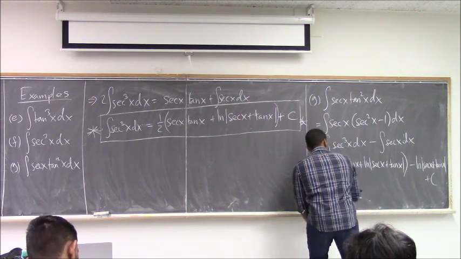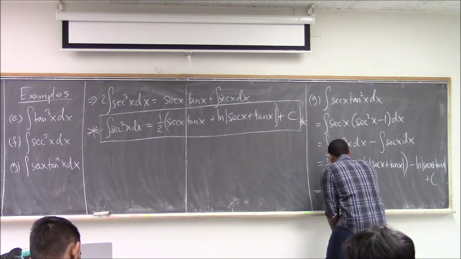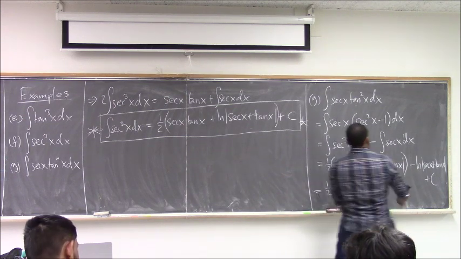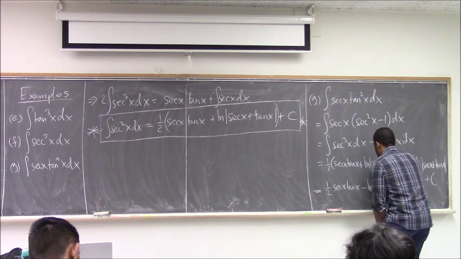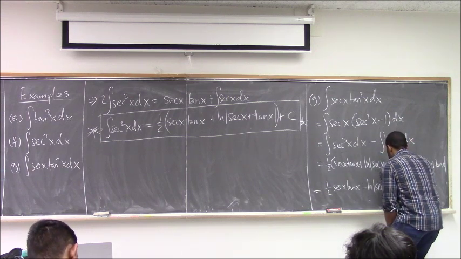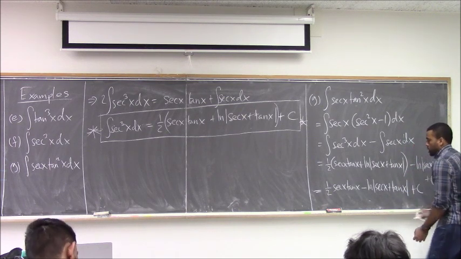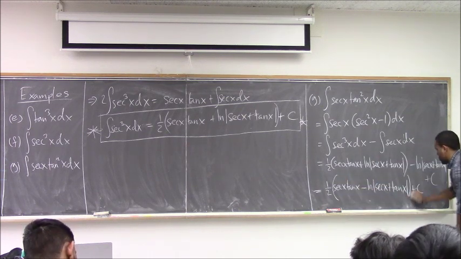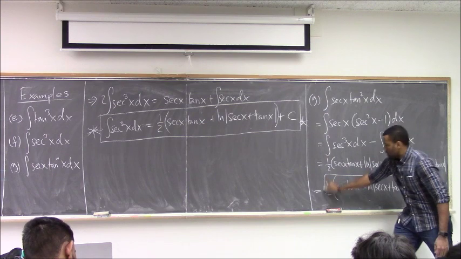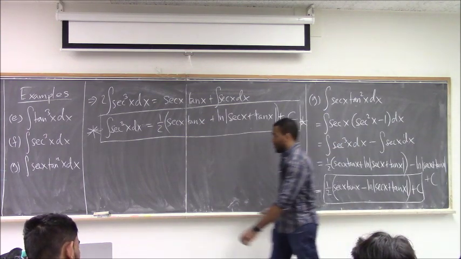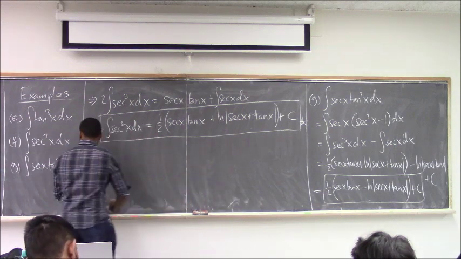You could even write this a little simpler: 1/2 secant x tangent x minus 1/2 ln of secant x plus tangent x, plus c. That's all.